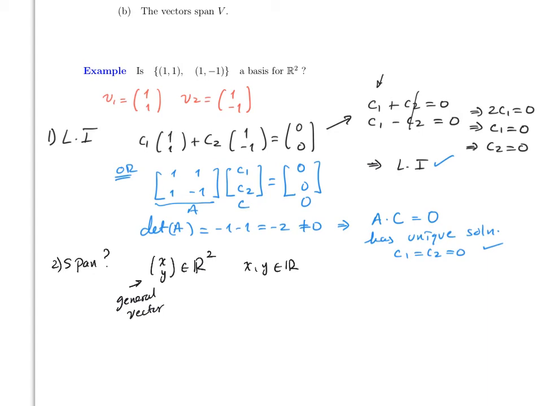Therefore, if these two vectors span the whole vector space, then c1 times (1, 1) plus c2 times (1, -1) should be able to create any x and any y.